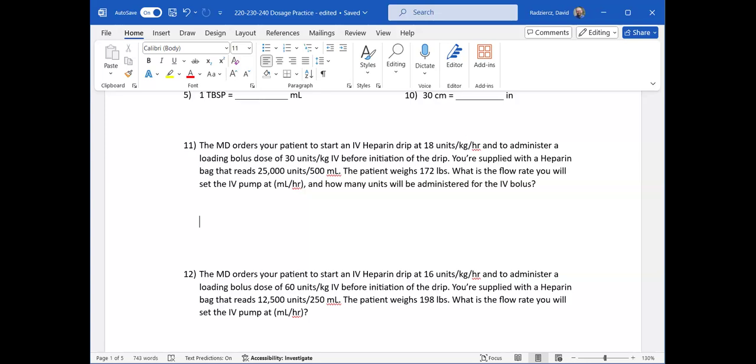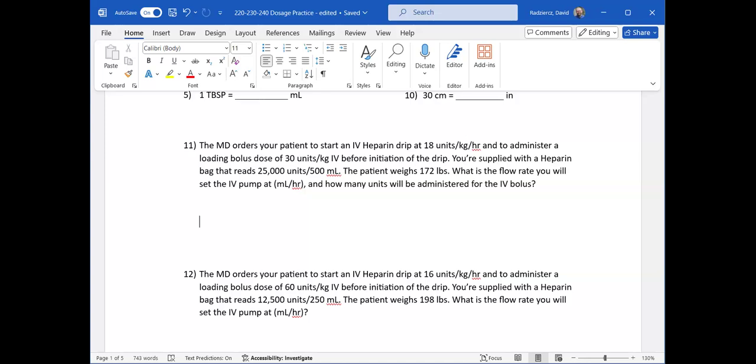Now, we're missing the bolus information in this because there should be a separate bolus dose listed here. But since it's not listed here, we'll just have to use the 25,000 units, 500 milliliters as our bolus dose starting point.